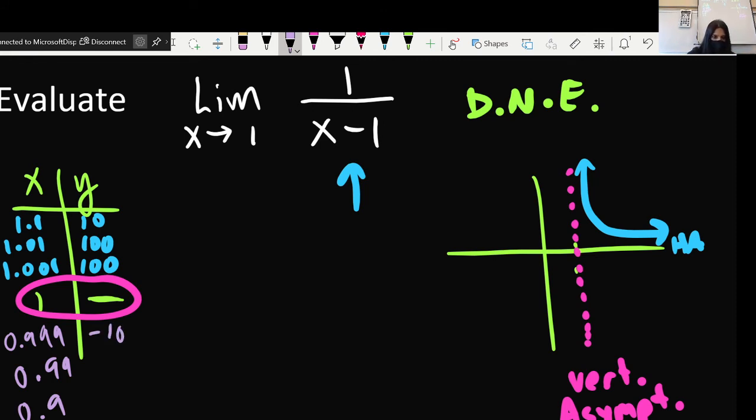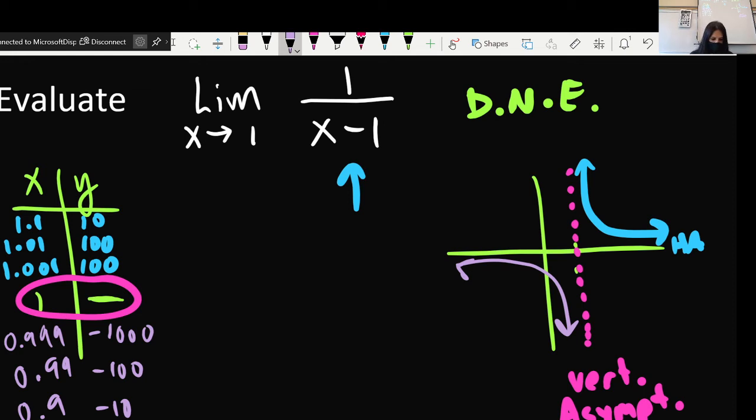And I'd have negative 1,000 this time, negative 100, negative 10. You don't actually physically need to do this. We kind of have past knowledge of this. I basically just wanted to pick a few values to see whether my trend would be above the x-axis or below, but I already had a mental picture of what this was going to look like. Make sense so far?